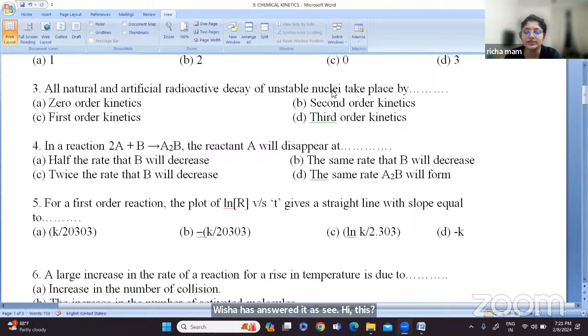Dhanush and Vinushri have also answered it as C. Yes, C is the correct answer, twice the rate that B will decrease.